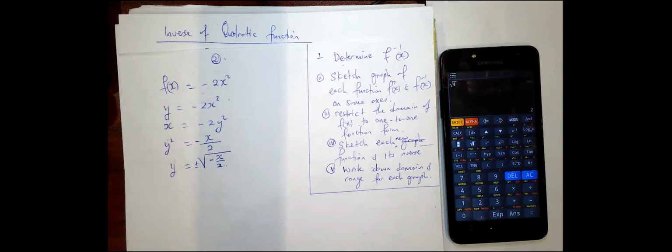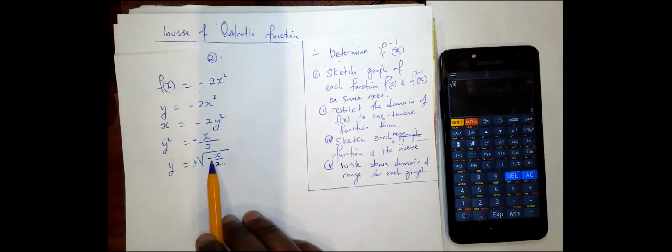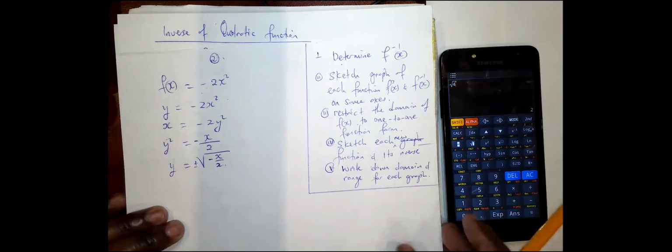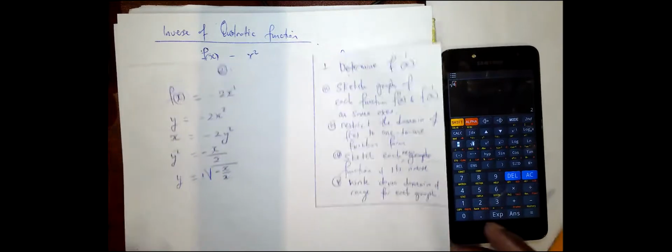So if x is negative, then negative times negative gives you a positive value. So don't worry about the negative that you see inside there. It's actually correct, because x is not a fixed number, it can be any number. If it is negative there, our root is going to be fine. So don't stress about that.